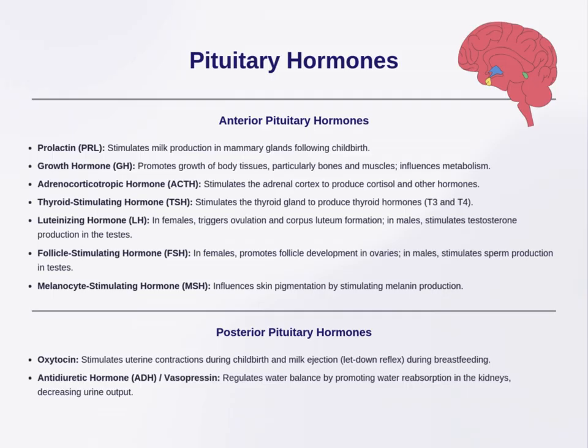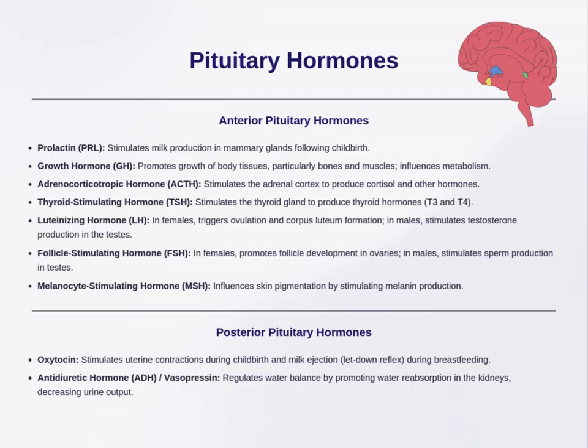It also in males stimulates testosterone production. Follicle stimulating hormone, or FSH, in females promotes the follicle development in the ovaries, and in males stimulates sperm production in the testes. And then melanocyte stimulating hormone, or MSH, influences skin pigmentation.